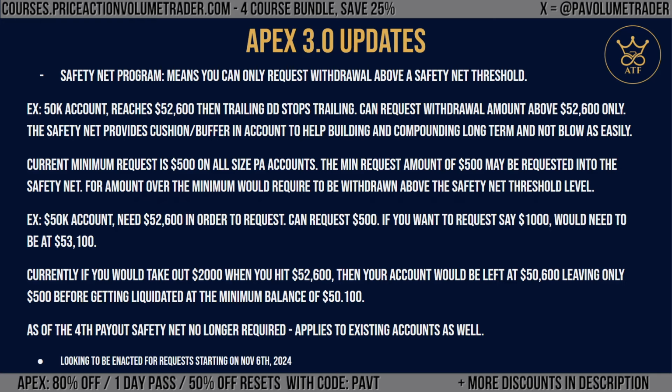That means your liquidation is going to lock at 52,600, and then you can request withdrawals once you are above the 52,600 amount. So this safety net provides a cushion or buffer in the account to help build and compound it long term and not blow it as easily.